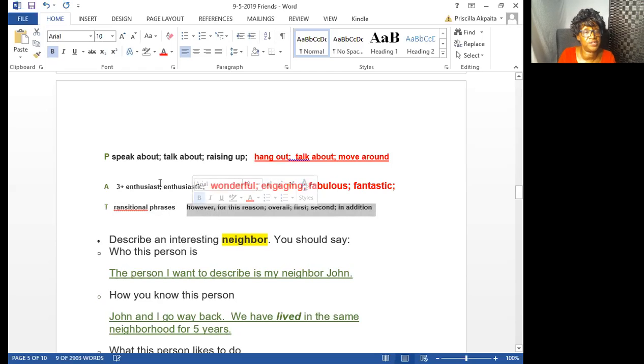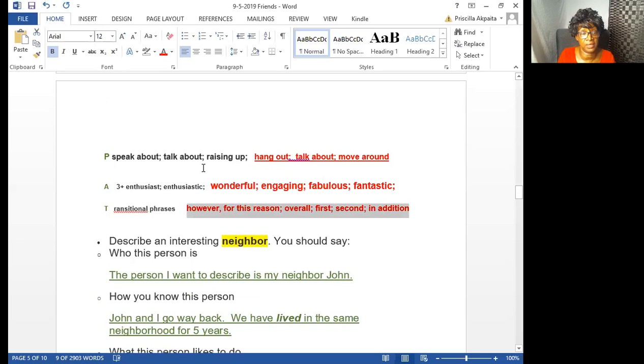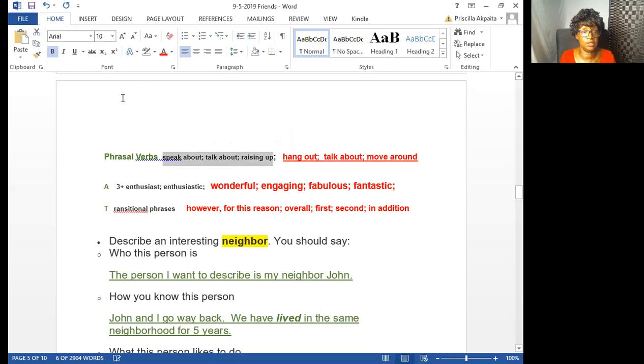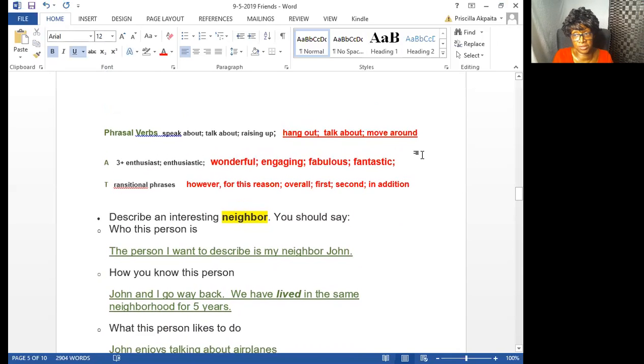The transitional phrases are going to be easy. And I think your academic vocabulary is going to be fairly easy. Where your challenge is, it's going to be in your phrasal verbs. That's where I think your challenge is going to be. So be sure to look up some phrasal verbs online so that you can become familiar with them.